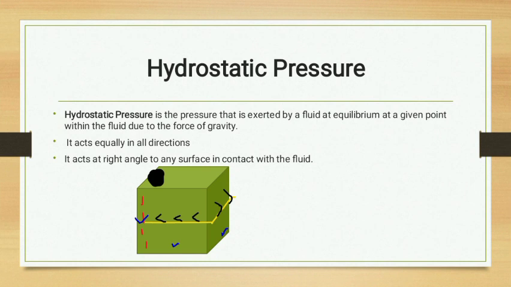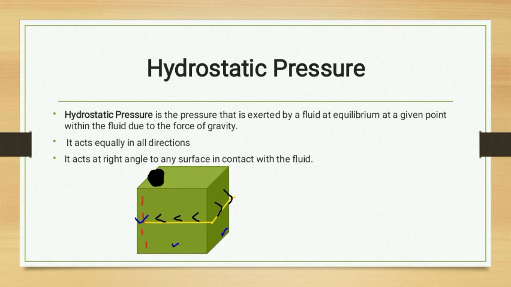So we have a cubical tank. If this is the water surface at the top, these black arrows show that the pressure increases in proportion to depth. It means the deeper it goes, the higher the pressure at each point within the tank.